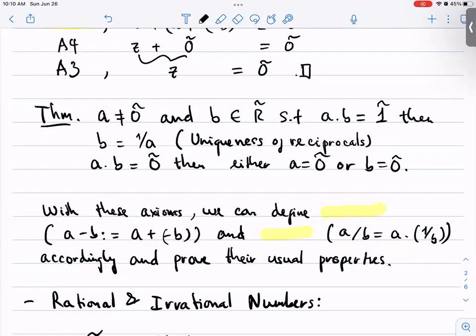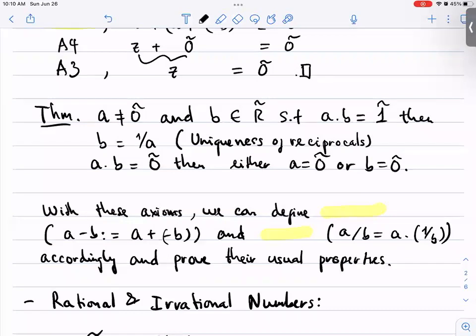Remember, 1 over A is a special symbol that satisfies certain properties. The theorem here says that if there is another number B that satisfies a special property, then it must be equal to that special symbol 1 over A. That's why this theorem is about the uniqueness of the reciprocal.